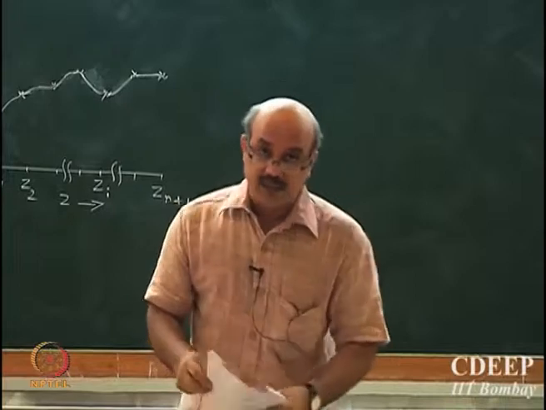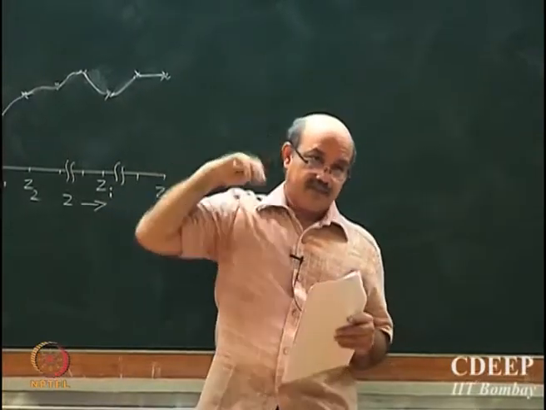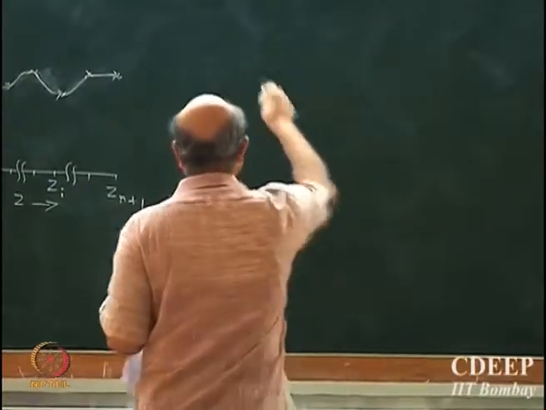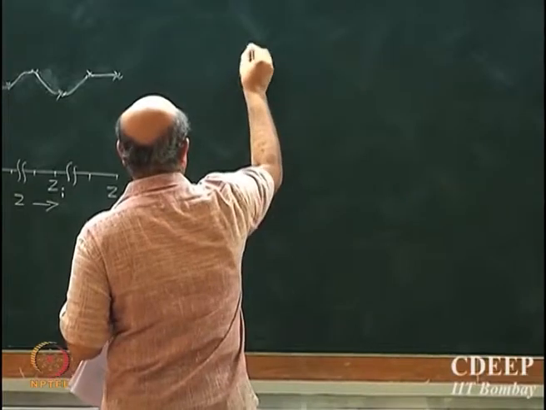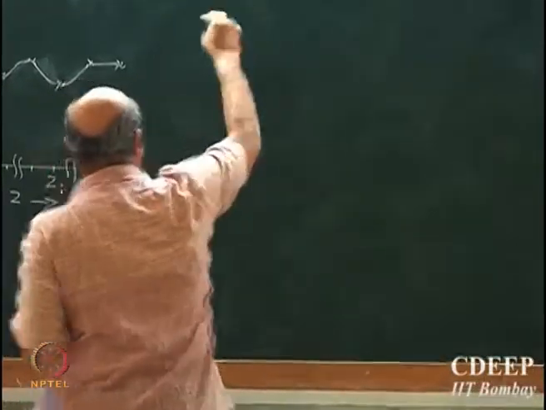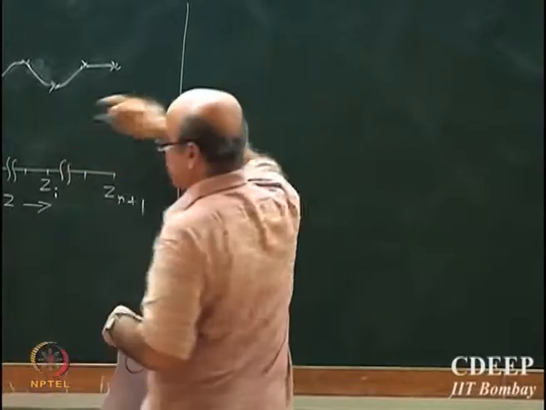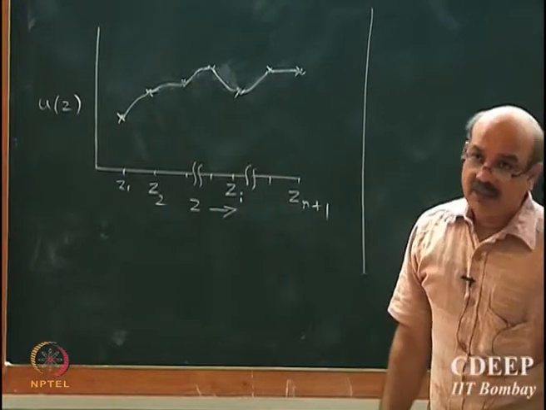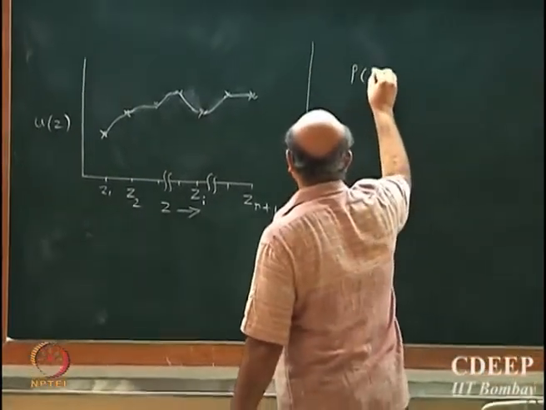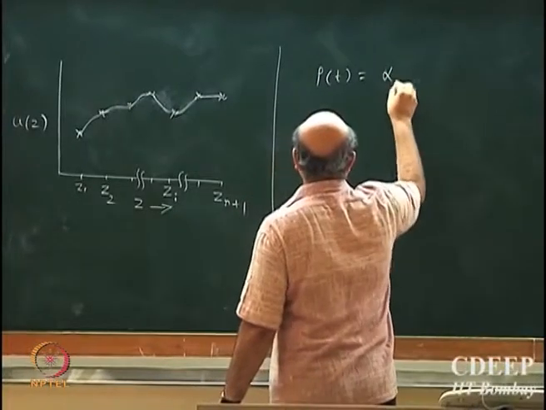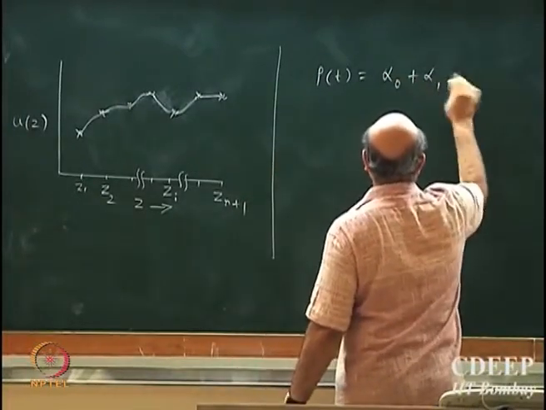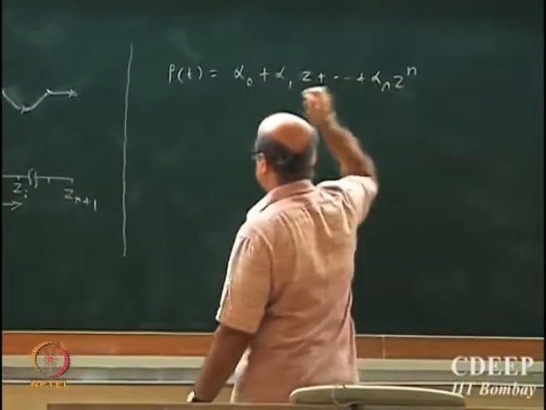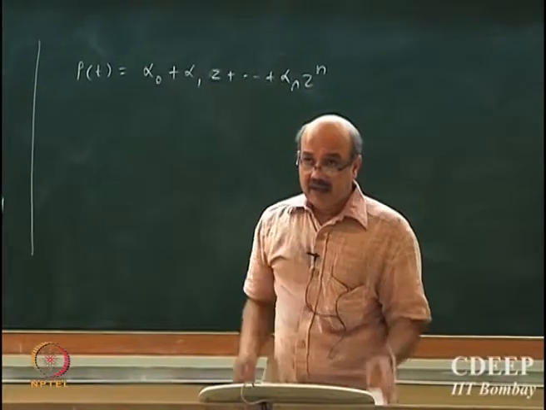Just like I can do polynomial interpolation, I can do function interpolation. So in general, let's say I have this u(z) here, and till now we were looking at polynomial approximation, which means we said that p(z) is alpha 0 plus alpha 1 z and so on.